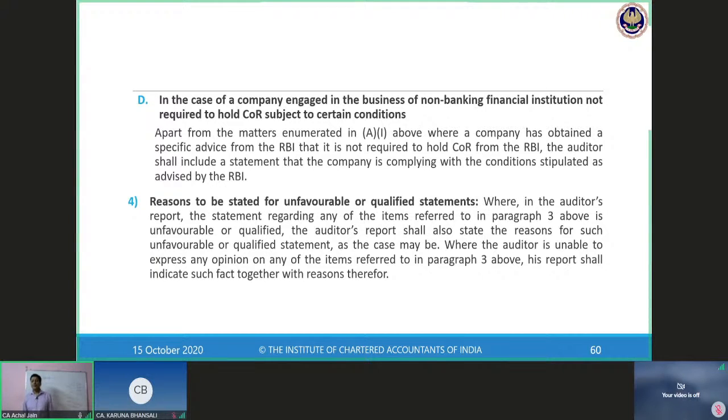So apart from the matters enumerated in A first above, where a company has obtained specific advice from the RBI that it is not required to hold certificate of registration, auditor shall include a statement that the company is complying with the conditions which are stipulated as advised by the RBI. So this is again a statement which will be given by the auditor.